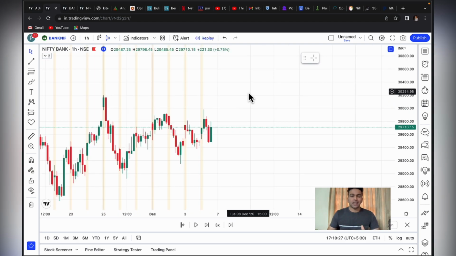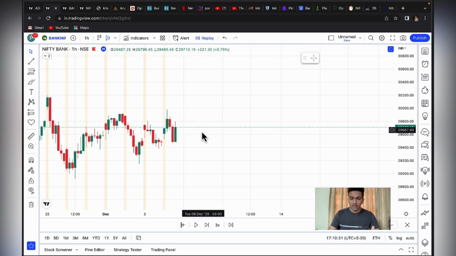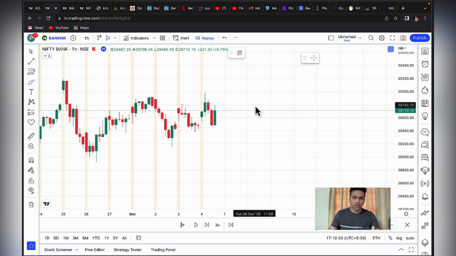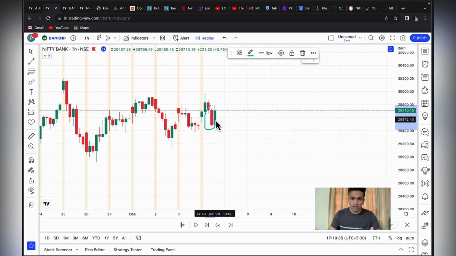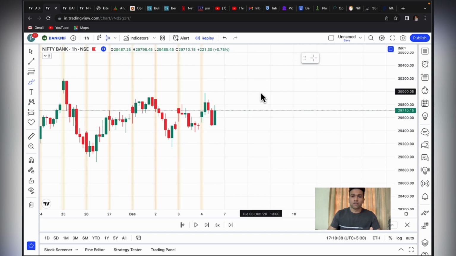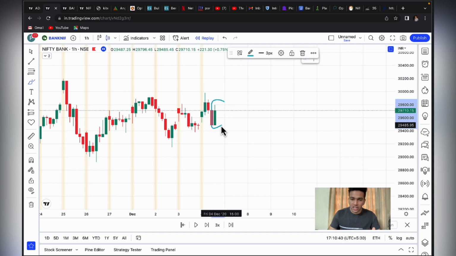So now let's look at the example of bullish piercing. Bullish piercing is a two candlestick chart pattern where the first candle is a normal bearish candle, followed by a bullish candle. An important rule here is that the bullish candle has to pierce the median of the bearish candle.